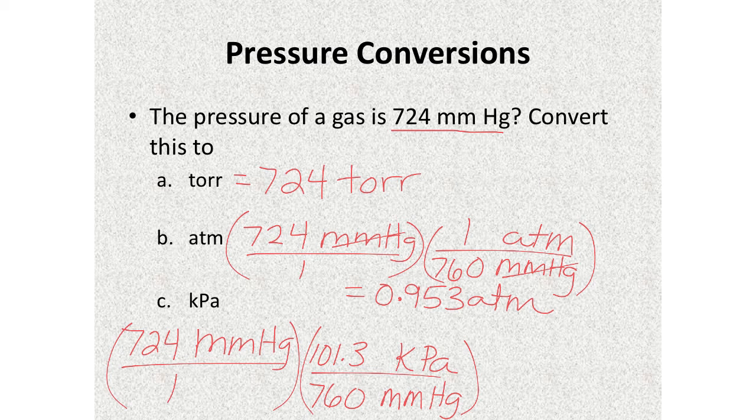You also could have gone to ATMs and then from ATM gone to kilopascals and used 3 parentheses total. Either way, we will end up with the same answer. So we do the 724 divided by 760 and times 101.3, and that would give us 96.5 kilopascals. Now, alternately, you could have just started from the atmospheres and went to kilopascals that way too.